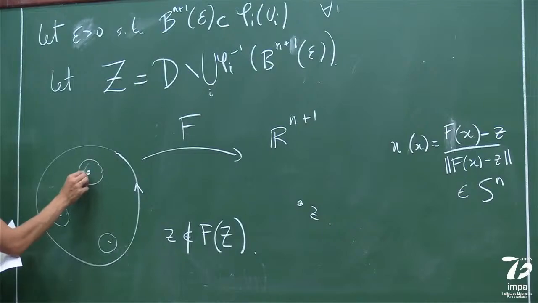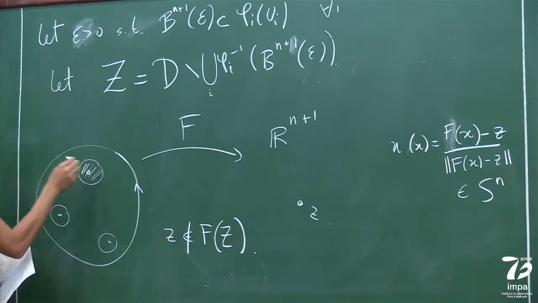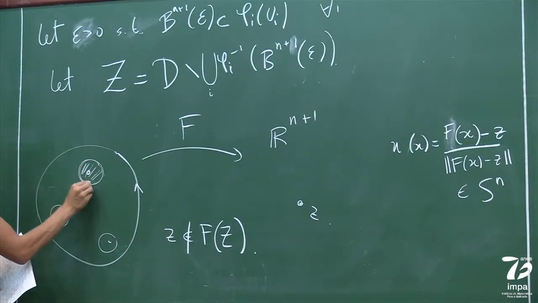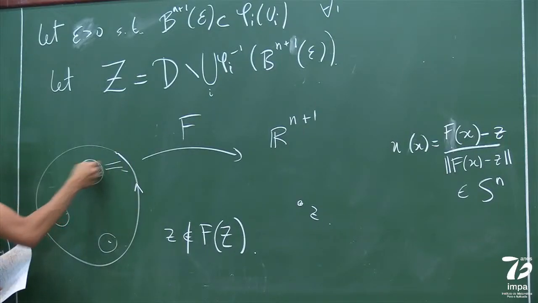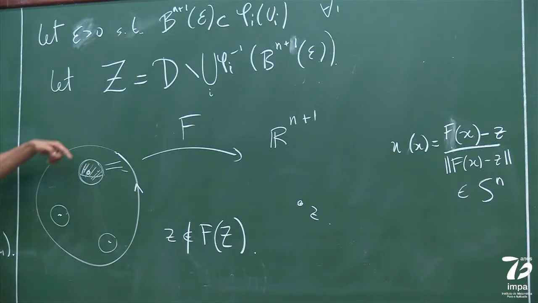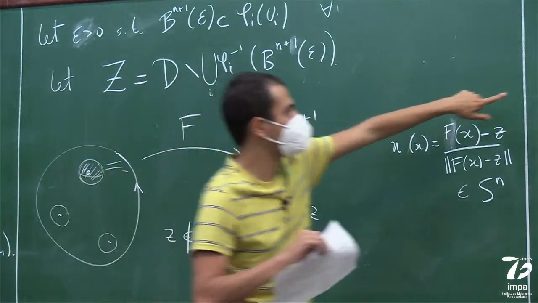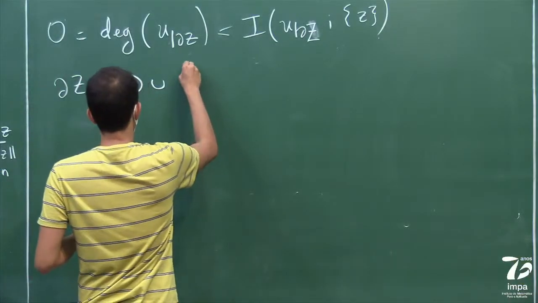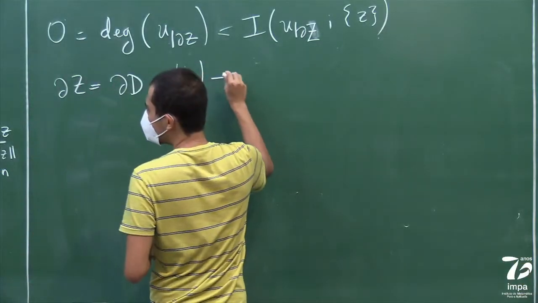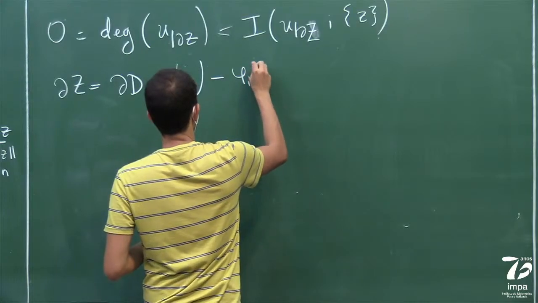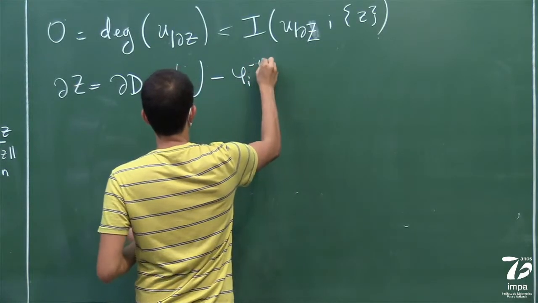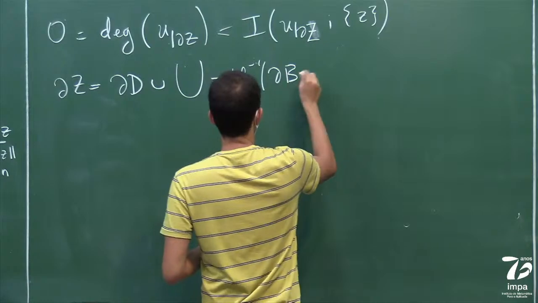When you orient these balls in the usual way, you orient the sphere with the orientation induced by the ball. But when you see the sphere as the boundary of what's outside, then that has the opposite orientation. So that means we can write this as the boundary of D union minus phi inverse of the boundary of the ball.